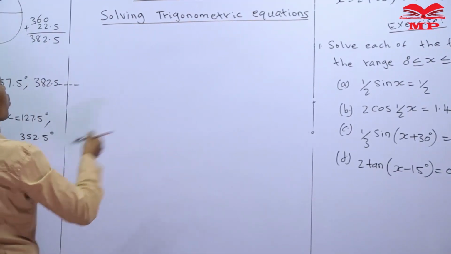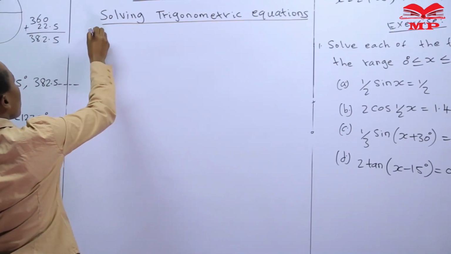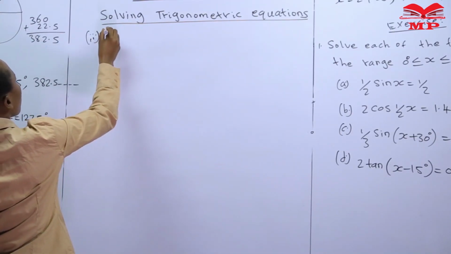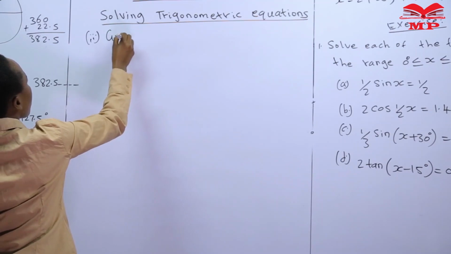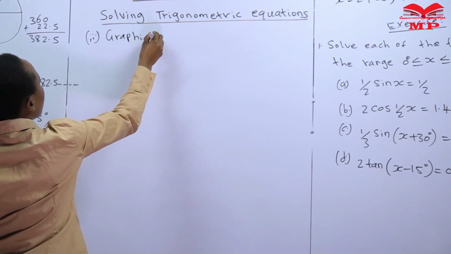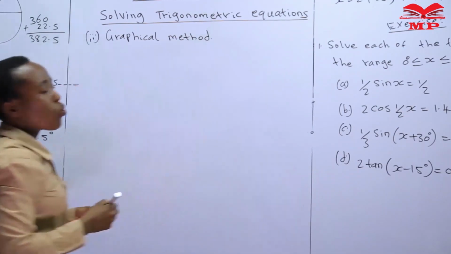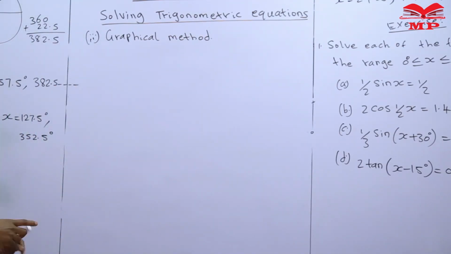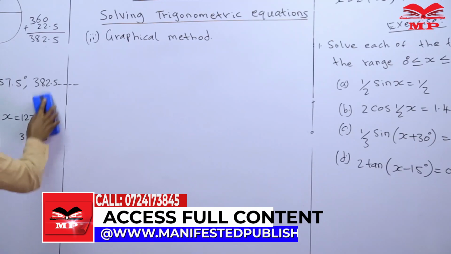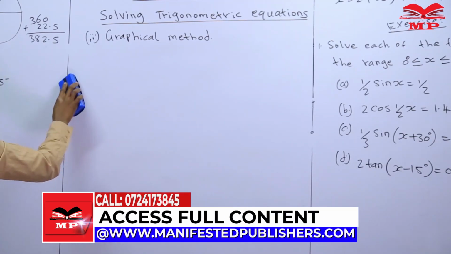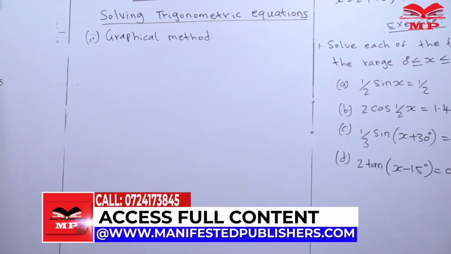The other method of solving trigonometric equations, number 2, is the graphical method, or solving graphically.